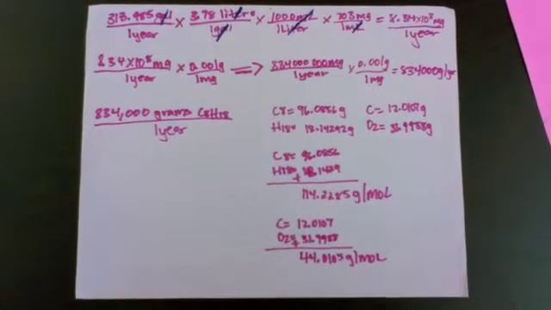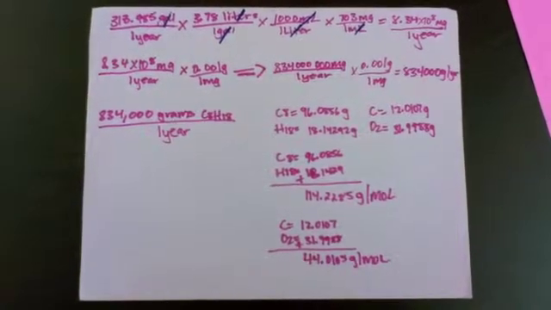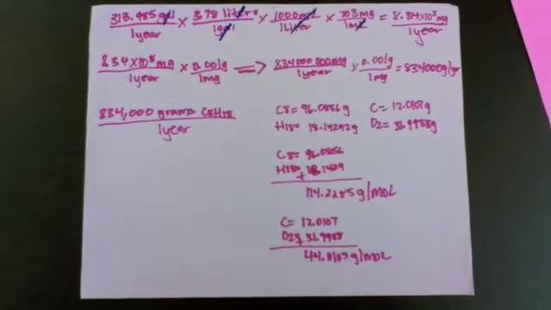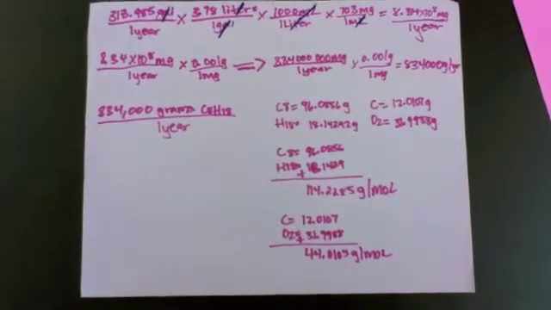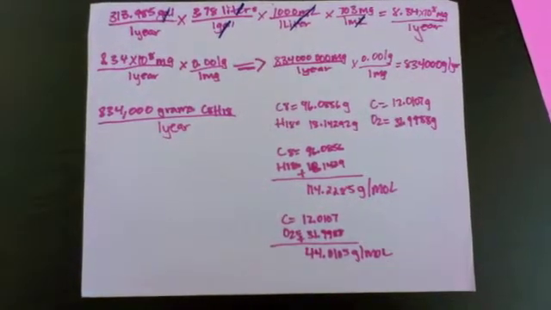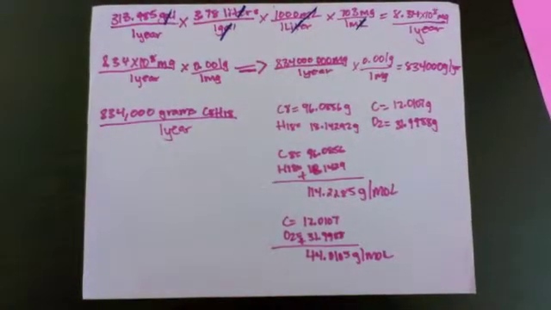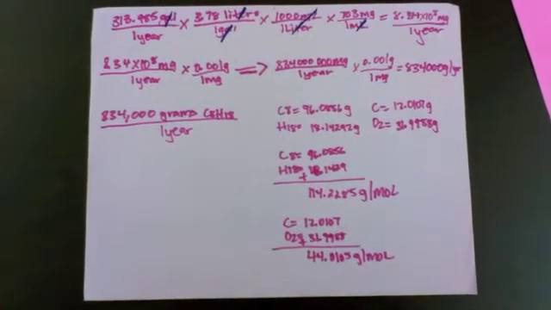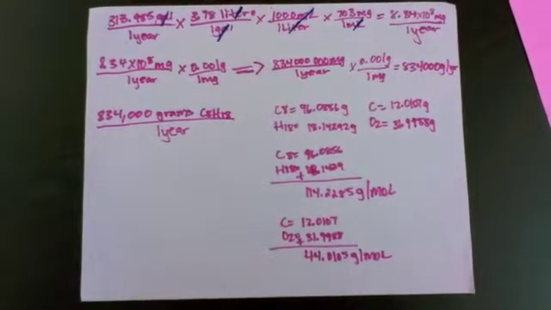You have to convert grams of octane to moles of octane to moles of carbon dioxide to grams of carbon dioxide. Then you end up with 834,000 grams of octane per year.